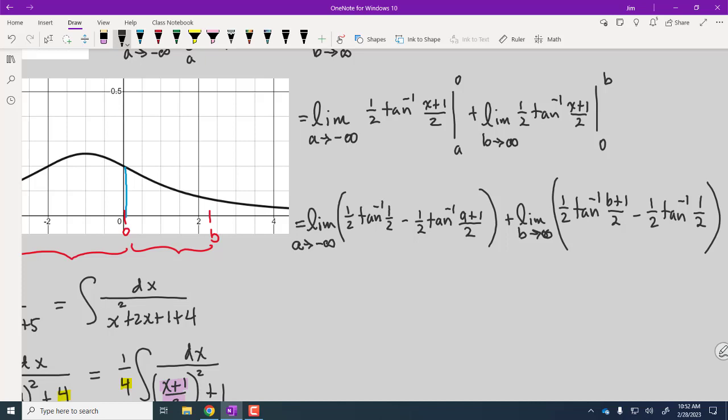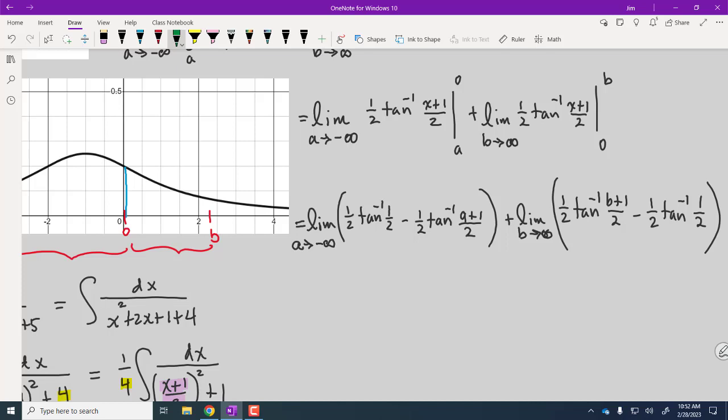Now we have to take the limit of the variable parts here, the a's and the b's. The other parts are constant. The limit of a constant is itself. So we have to look in here, and let's make sure it's clear what's happening. Inside the arctangent here, a is going to negative infinity.